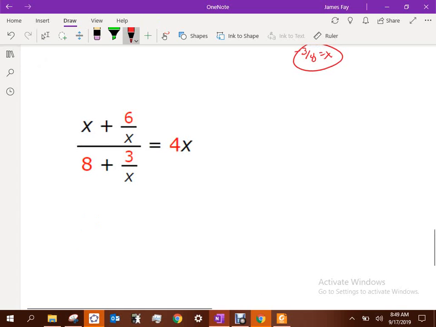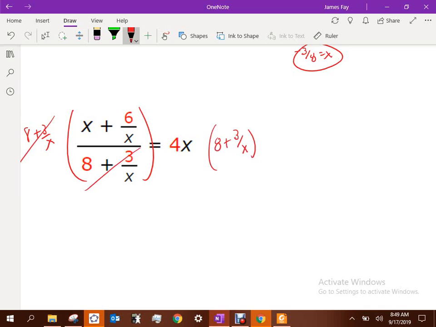Can I multiply this side here by 8 plus 3 over x? Cancel that, come over here, multiply by 8 plus 3 over x. What that's going to do is give me x plus 6 over x is equal now to 4 times 8 is 32. And now 4x times 3 is 12x, but it's over x.